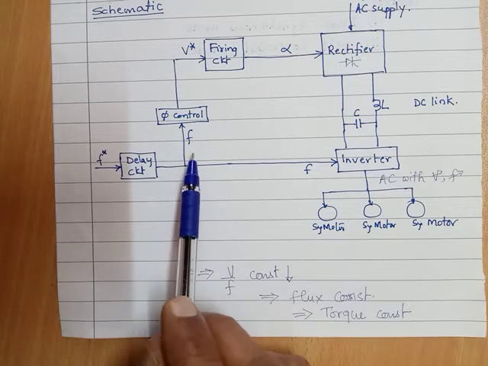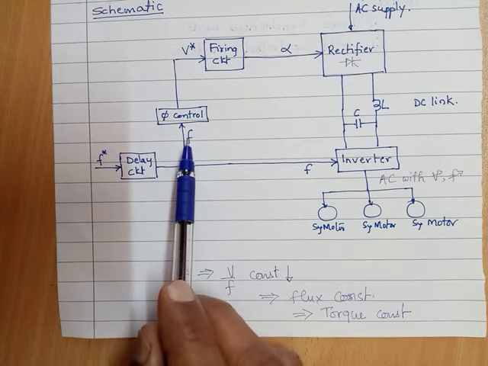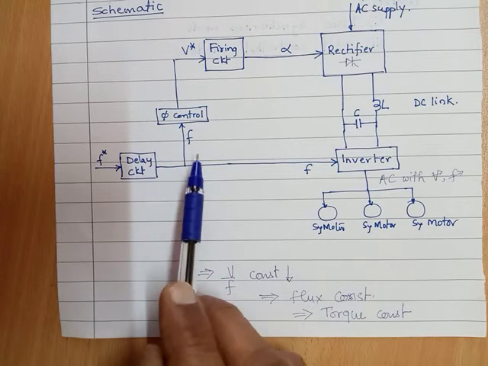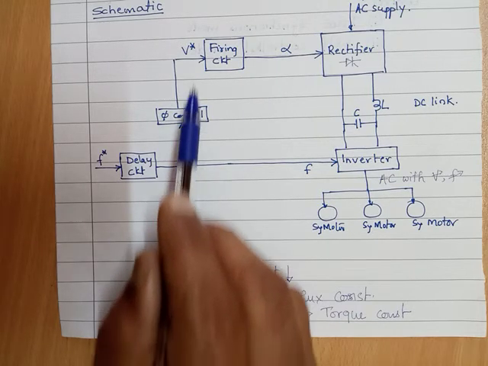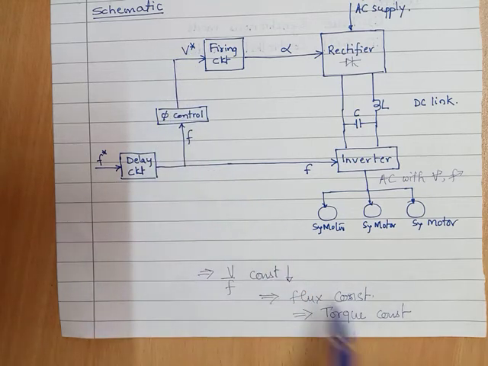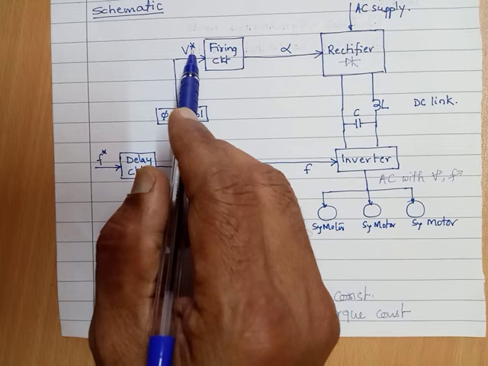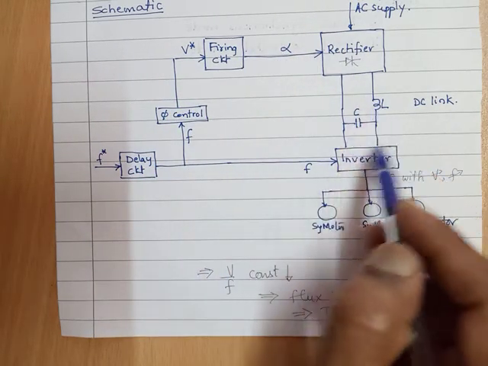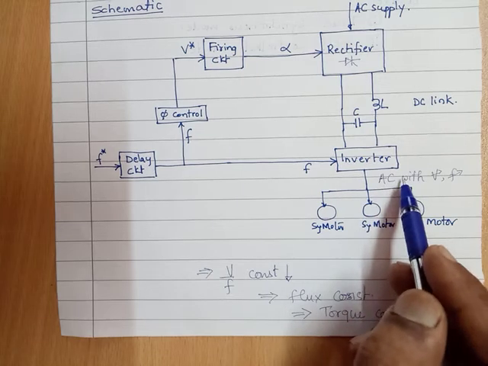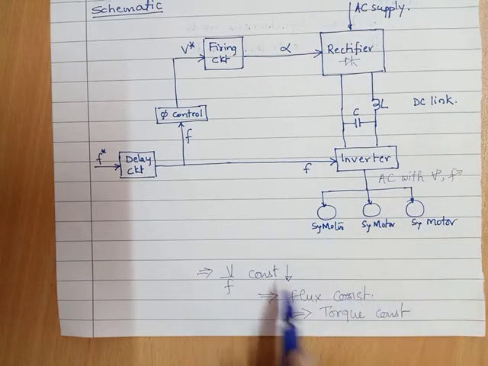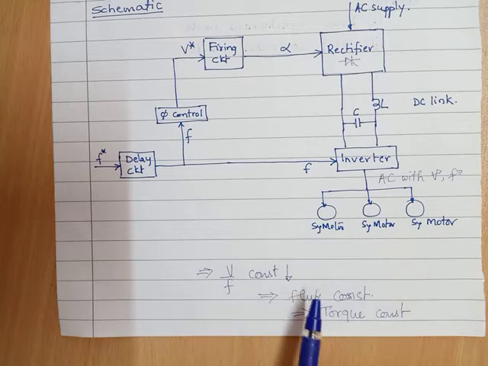That's why the F we have here is actually for the PI control, so that we will have the value of V depending on the flux and the torque value I want, called V star. With the value of alpha, it gives me a DC voltage and hence the AC voltage with the corresponding voltage to frequency ratio remaining constant, giving me constant torque. Are you able to appreciate this?